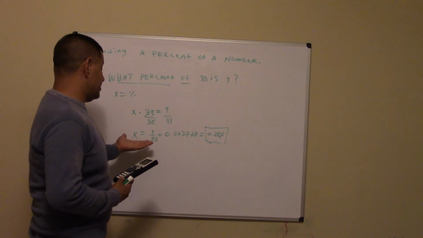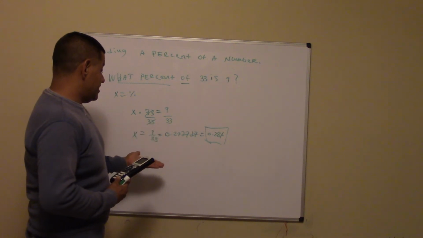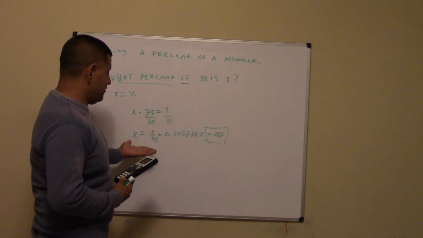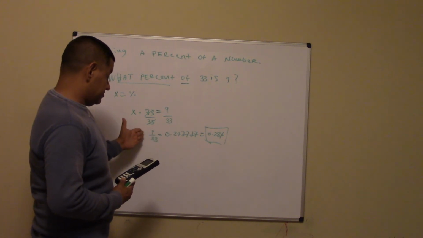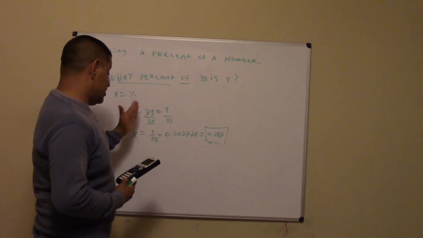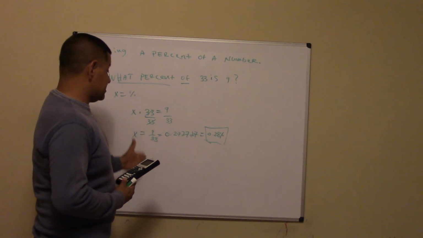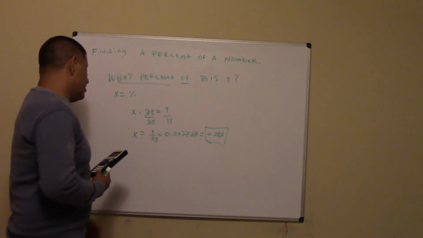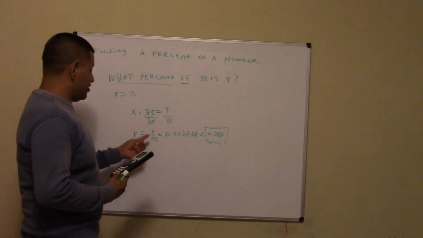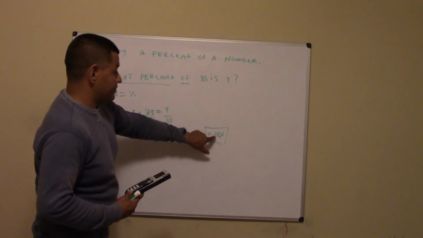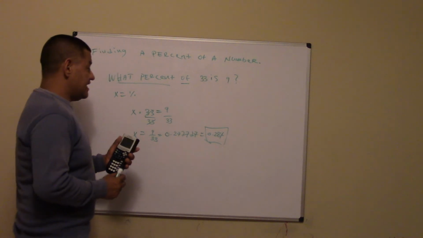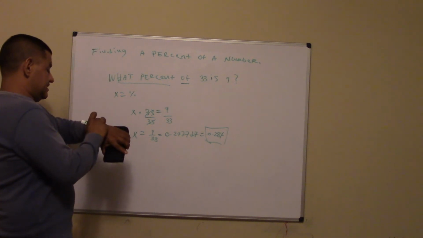We know that 36 is 4 times 9, so 9 over 36 will be 1/4, but in this case it's 9 over 33, which is less. I expect that the percentage is going to be a little higher, and that's it.